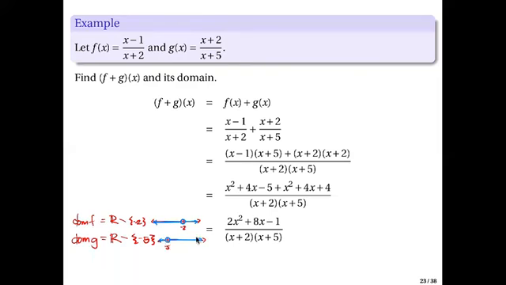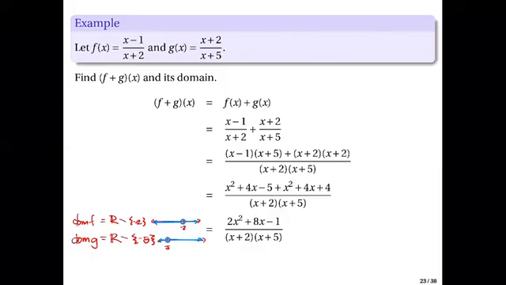This one here has negative 2, but this one here does not have negative 2. So again, negative 2 is not common. All other numbers are common to both the domain of f and the domain of g.